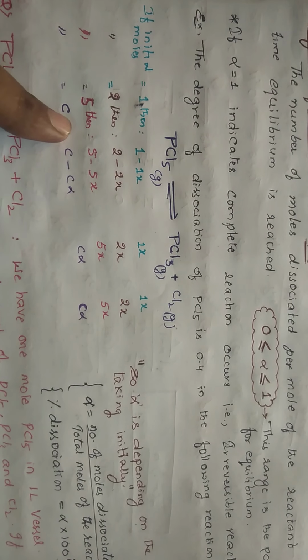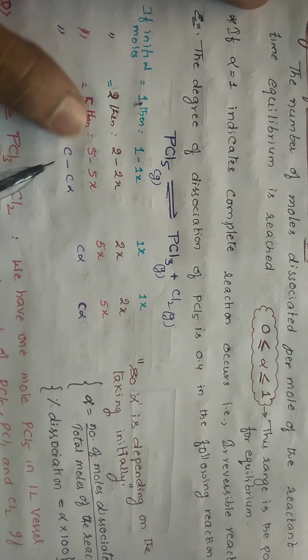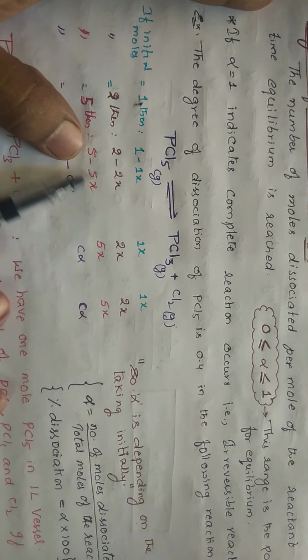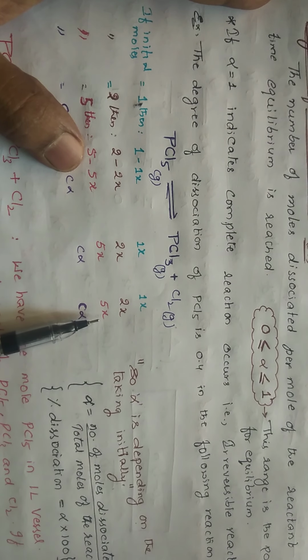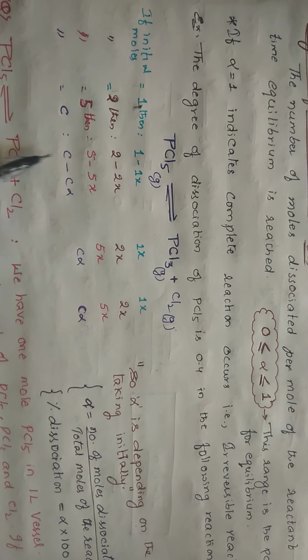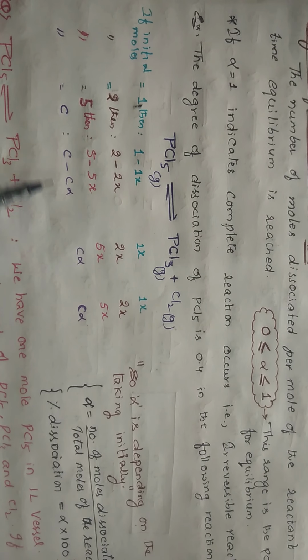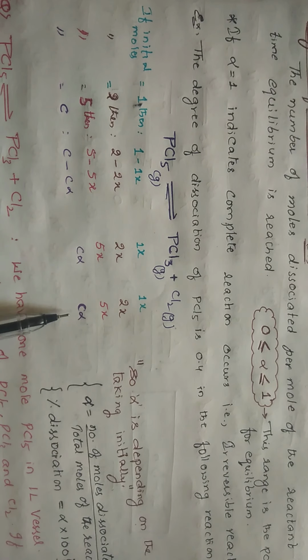If you take 5 moles, it should be 5 minus 5x, and 5x will be formed here, and the chlorine 5x also. If I assume it is C moles, from each mole alpha is going, so you have C minus C alpha. Formation is C alpha, and the other formation is also C alpha.